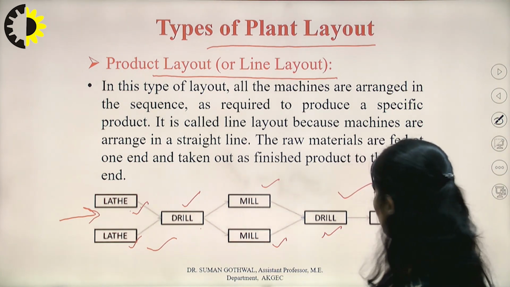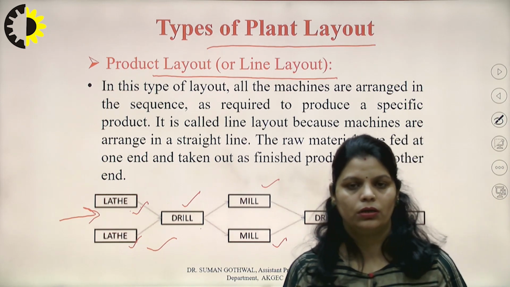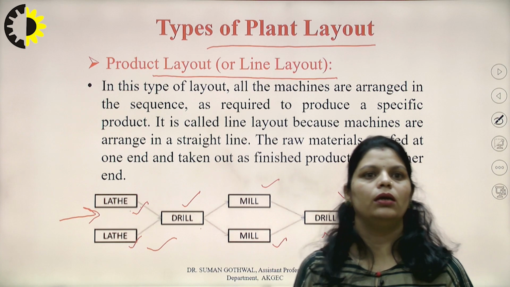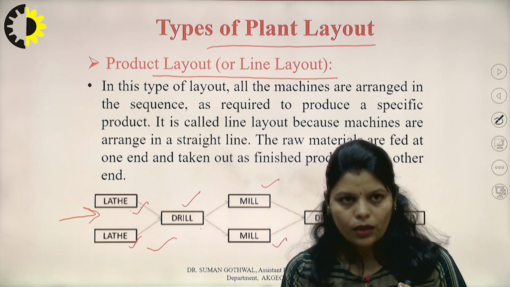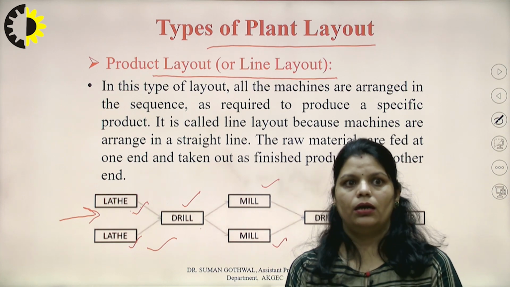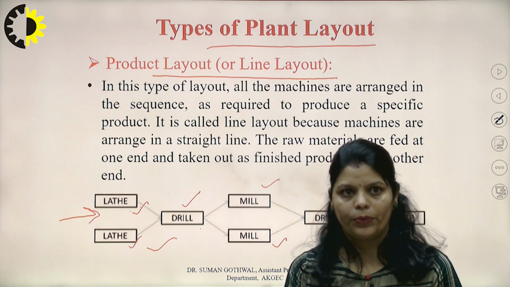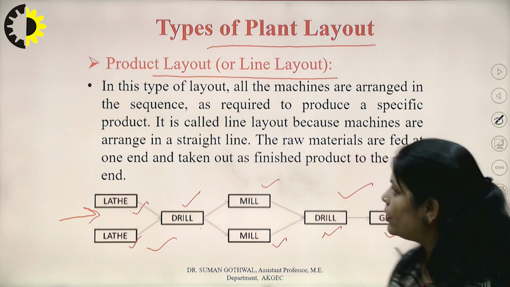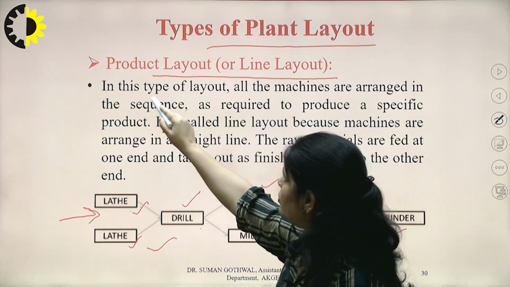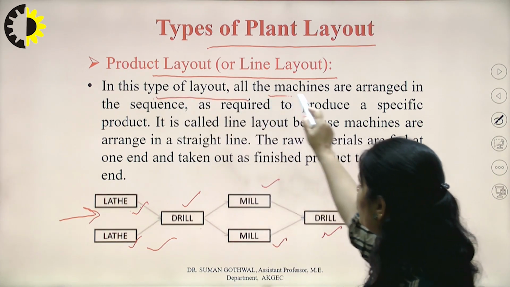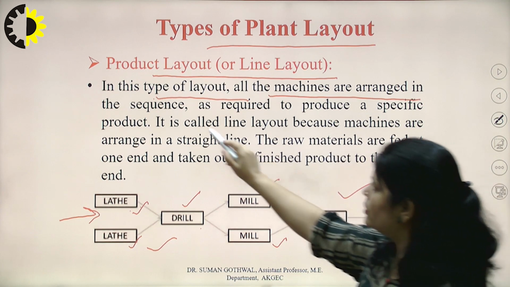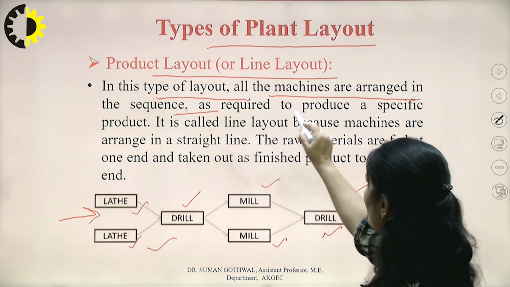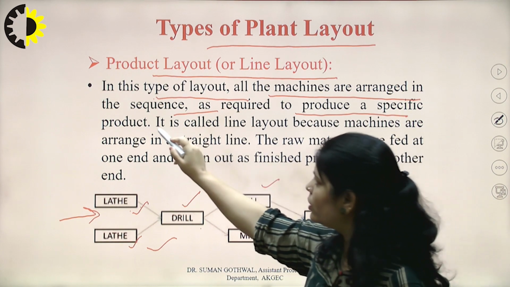So here we have placed the grinding machine. According to the requirement of the operations, we have arranged the machines. Clear? You can see that in this type of layout, all the machines are arranged in sequence, as required to produce a specific product.